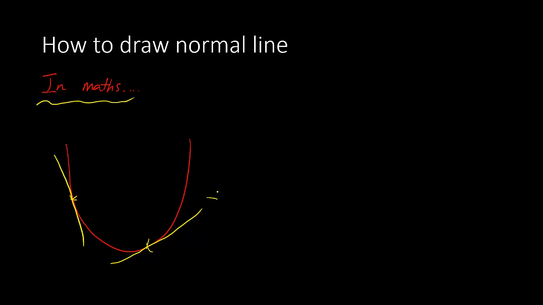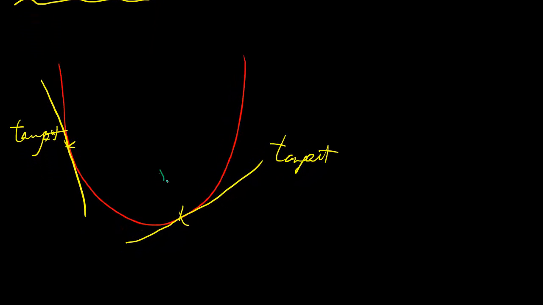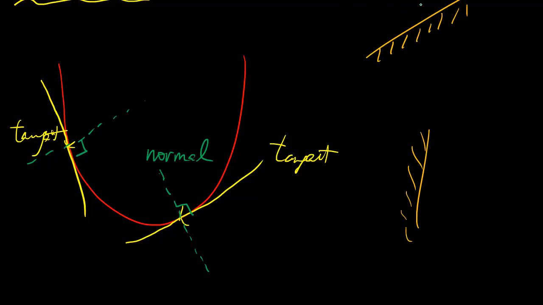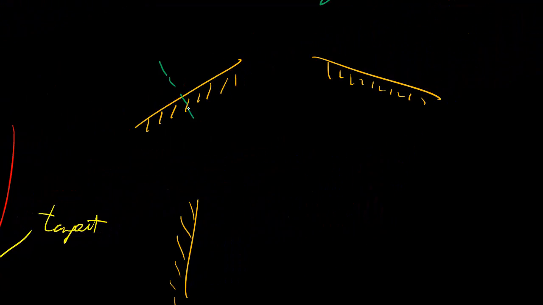So the yellow one is the tangent, and you can always draw one more line at the same point but perpendicular to the tangent, so that the green line is always at 90 degrees to that point of the parabola. So that's the definition of the normal line, which is an imaginary line actually.